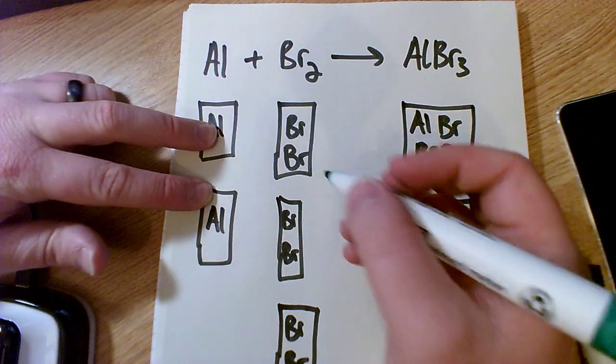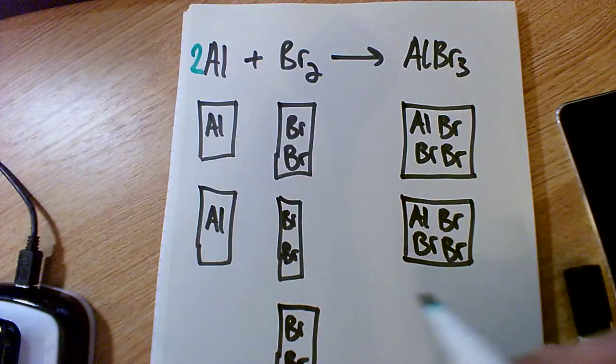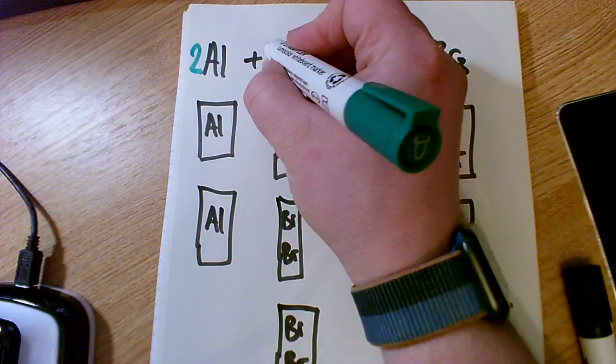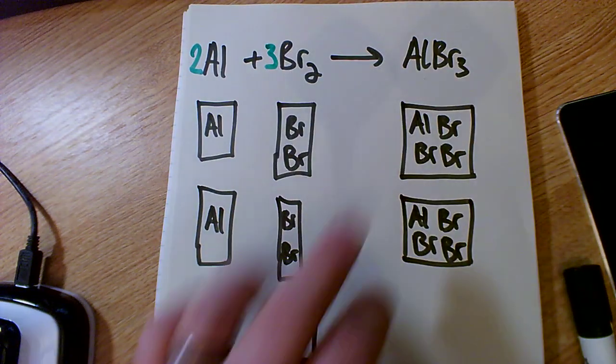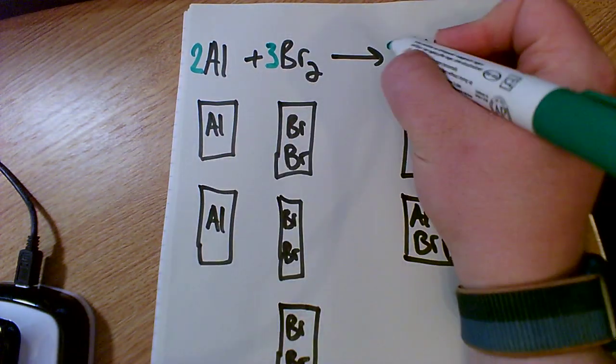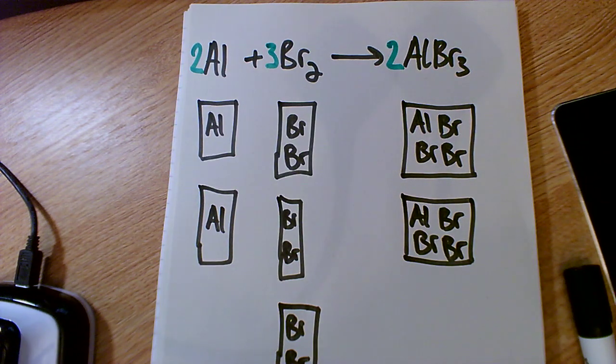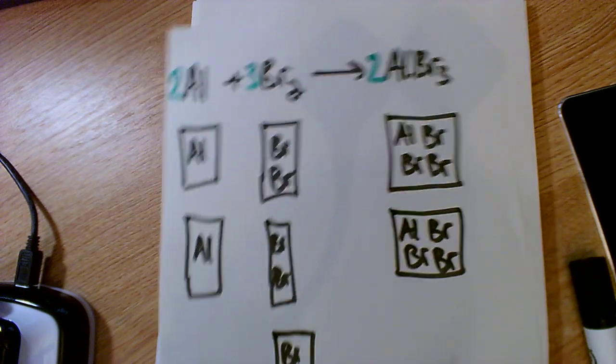So I've got 2 boxes here, 2, I've got 3 boxes here, 3, I've got 2 boxes here, and that's a 2. And that's a nice, lovely, balanced chemical equation. And you can apply this to any chemical equation that you like.